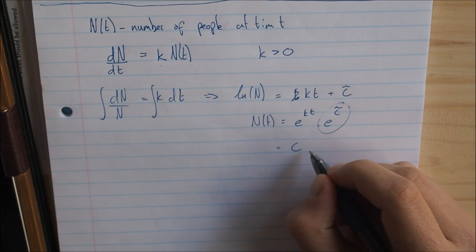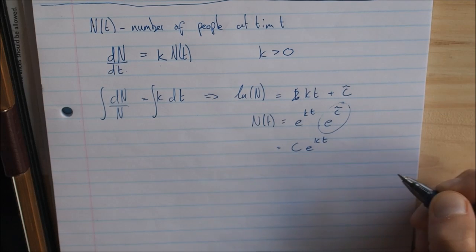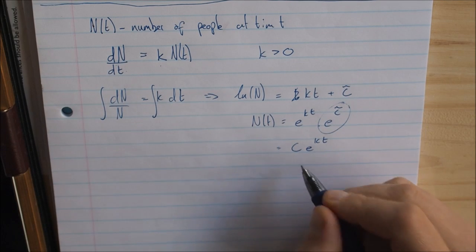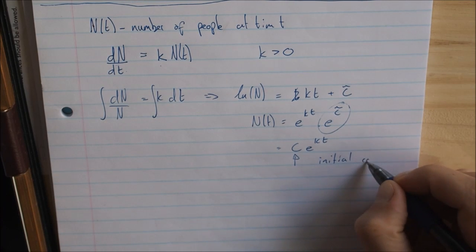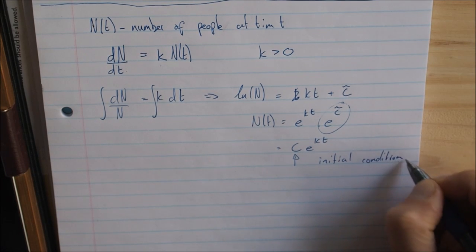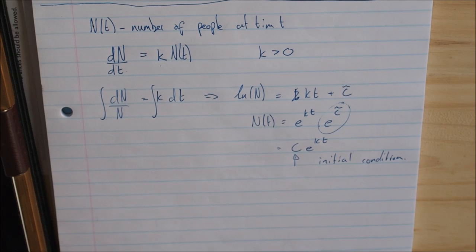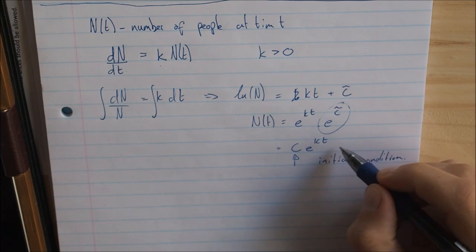So this is just going to be some constant c e to the kt. The c will be determined by the initial conditions, as we saw before in chapter 1.